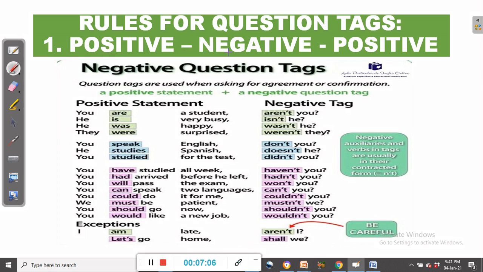1. Positive, negative, positive. I have already shown this. Where you have a positive statement, you have a negative question tag, and of course what follows will be a positive response. You are a student, aren't you?